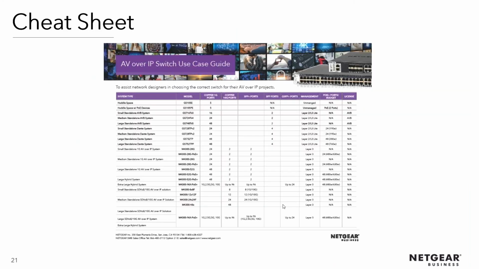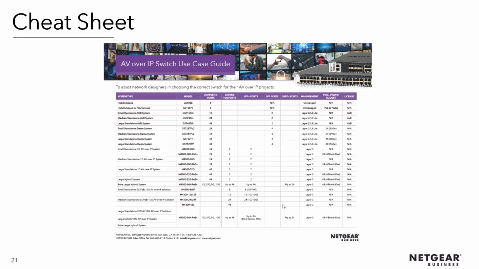We do have, and I realize this is really small font, but I'm happy to share an electronic copy with whoever wants one, a nice little guide that we created that on the left-hand side lists typical environments, right? Like a huddle space, a small Dante environment, a large 1 gig AV over IP.